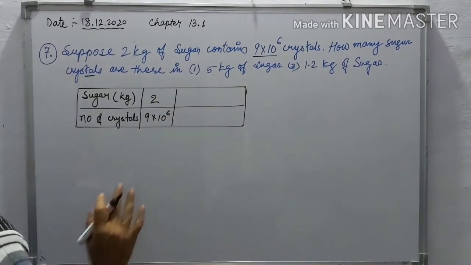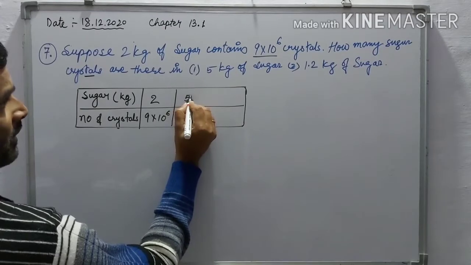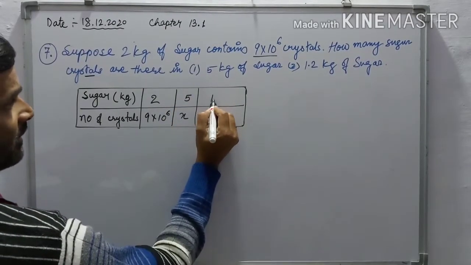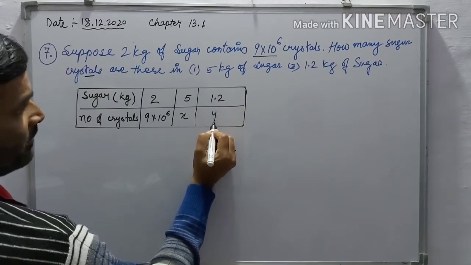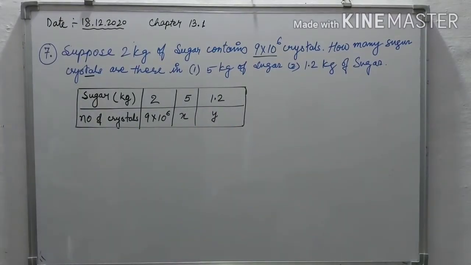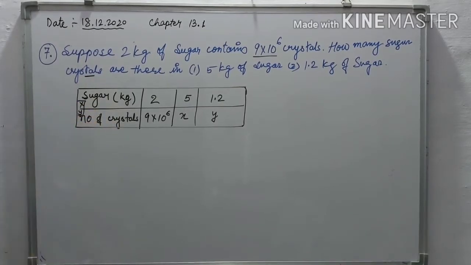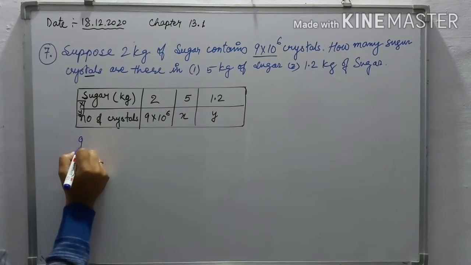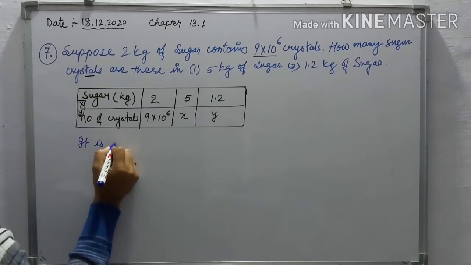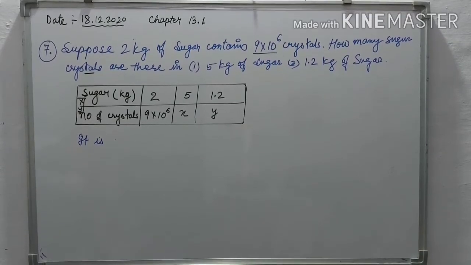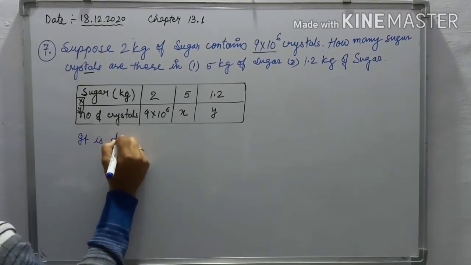It is given. Second, suppose 5 kg, you find the value of x, and third is 1.25 kg, that is the value of y. The standard of x and y, here two quantities. Okay, now we solve. It is which type? Direct.